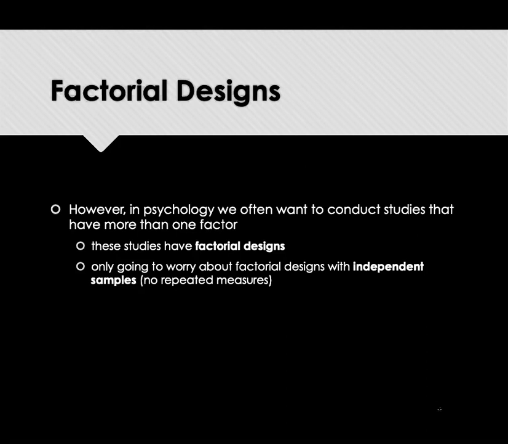Maybe you're looking at them before and after treatment, or at 3 different time points: before treatment, after a week of treatment, and after 6 months of treatment. Or you're having the same participants go through 3 different treatment conditions or levels. Those would be repeated measures designs, and we're not going to talk about those. We're going to be dealing with independent samples, meaning that there's a separate group of participants for each level of the independent variables.